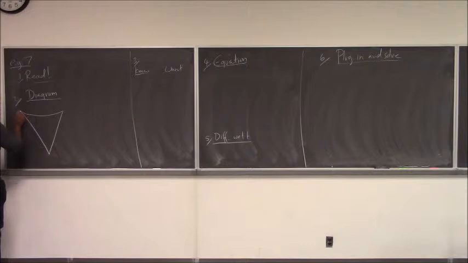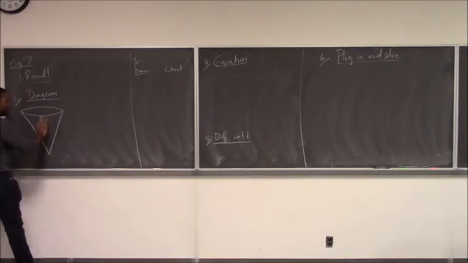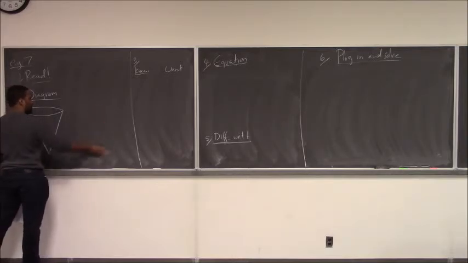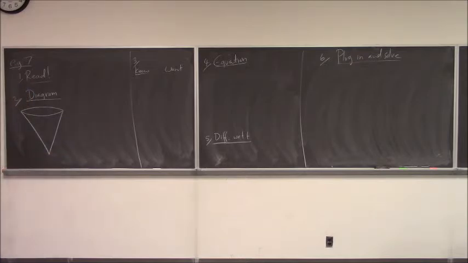There's an inverted conical tank. We're going to make some changes to this diagram over here, so leave some space over there. All right, so this is the situation. There's water in this tank. It used to be full in the beginning, but at some point, water started leaking out of this tank.